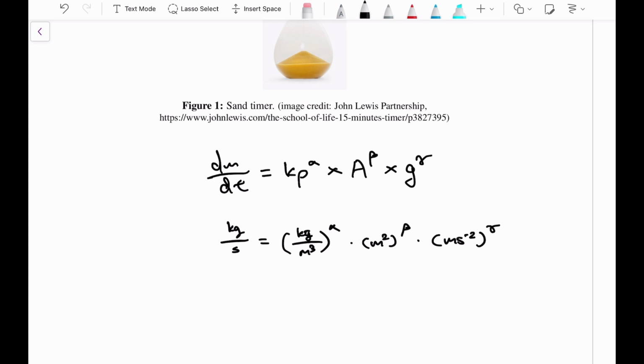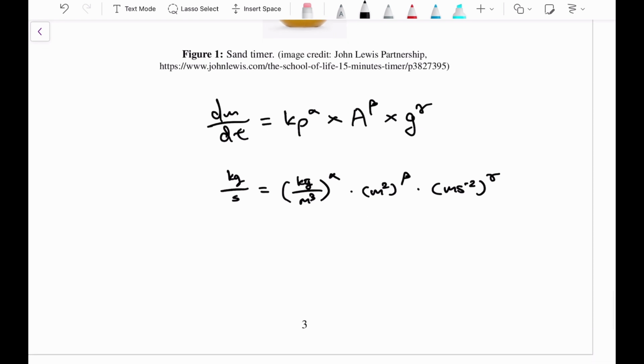Okay, so in this case there are 3 variables, so we can't actually solve it algebraically. So what I'm thinking is that we can try it out in some way. Over here on the right side, what we want to establish is kg over s. So the idea is that the meters must cancel out with each other.